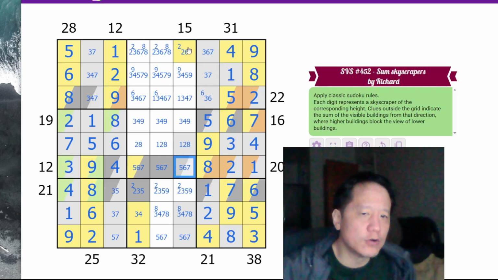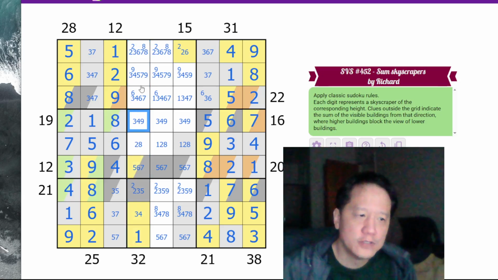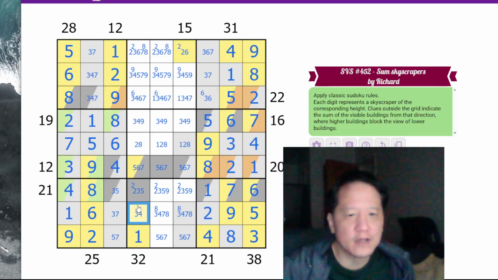If this were... Oh, that's interesting. So if this were 6 and 9, where is 9 in column 4? It would have to be here. So then these would have to be the missing digits. So it would be 9, 8, 6, 5, and 3. I think that works, right?